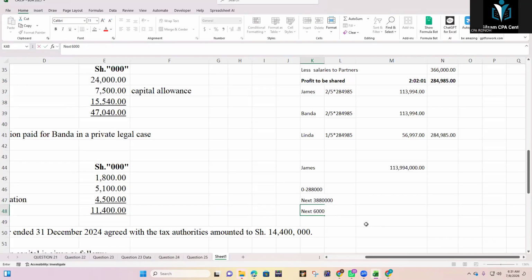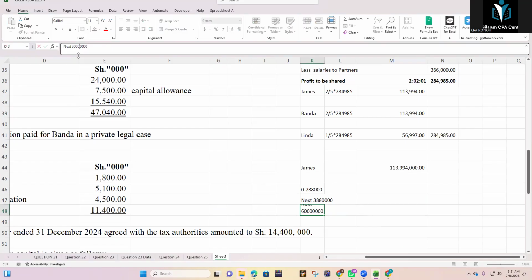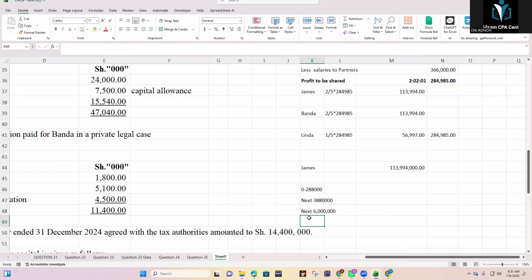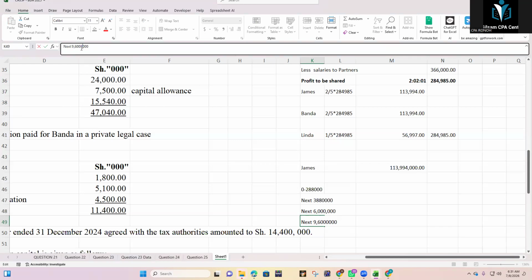And above that, 6 million. And then next is, I think, 800,000 multiplied by 12 months. That is 9.6 million, 9,600,000.